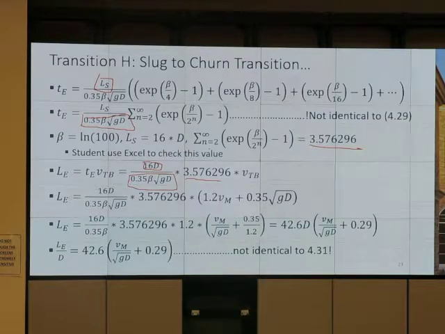Then I substitute the value in, I get this. If you actually execute that, you get this, and eventually you get that. You should get what I got, not what is in the book. But eventually we plot it in log scale.